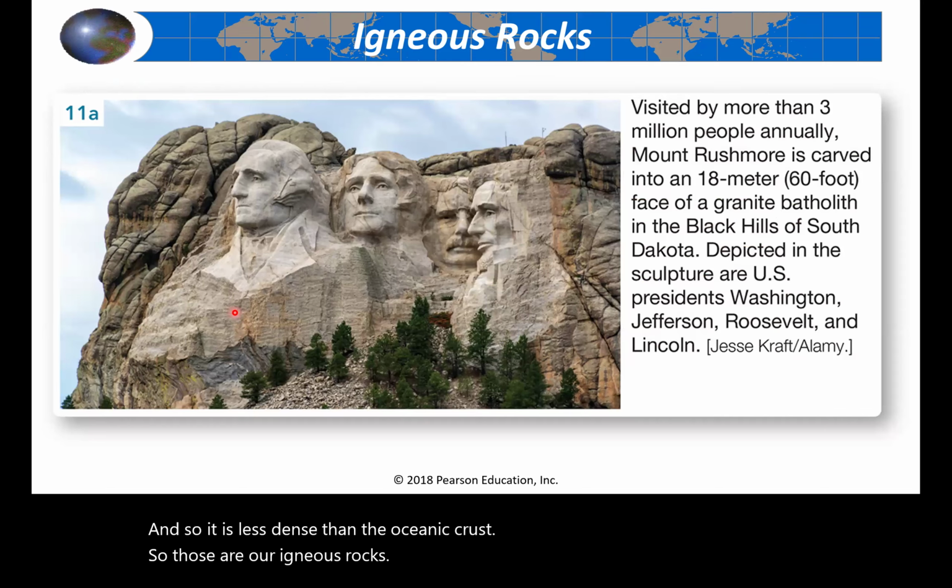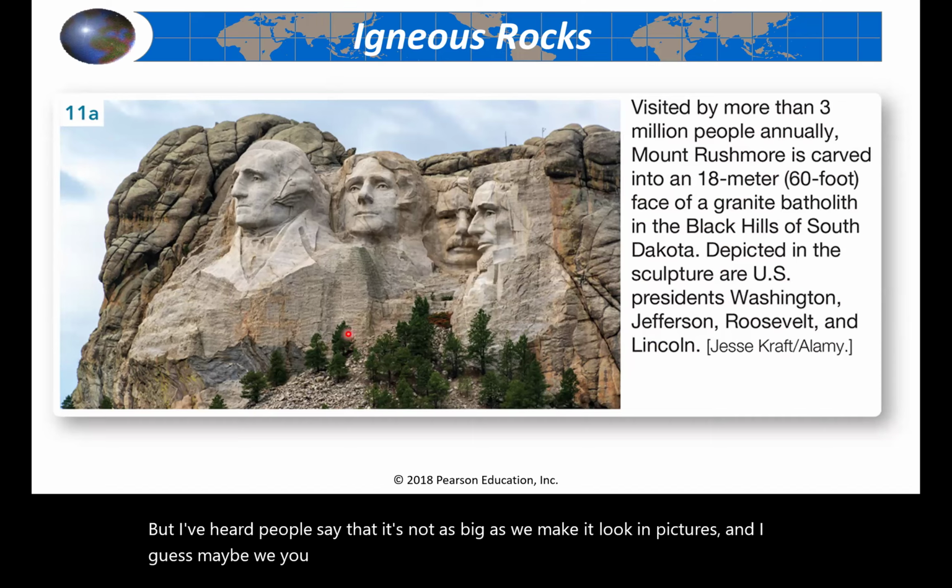An example of igneous rocks, granites: Mount Rushmore. I've never been to Mount Rushmore, but I've heard people say that it's not as big as we make it look in pictures. Maybe you can envision that using the trees for scale. I don't know, it's still pretty amazing.